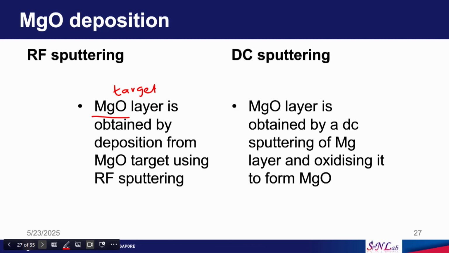The second type is to use a magnesium target. Magnesium is metal, okay, so you can use direct current sputtering. During the sputtering, they will deposit a thin layer of magnesium, then oxidize the magnesium to form magnesium oxide.